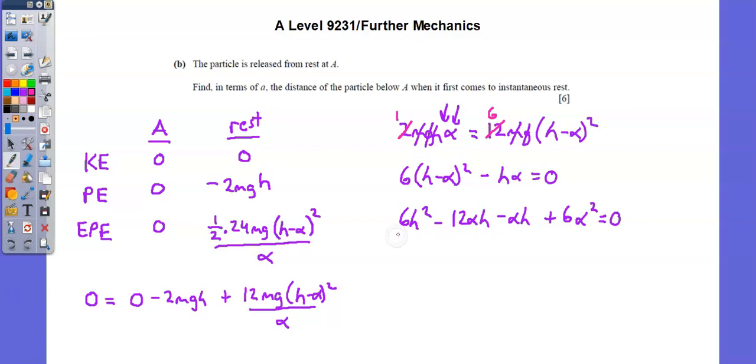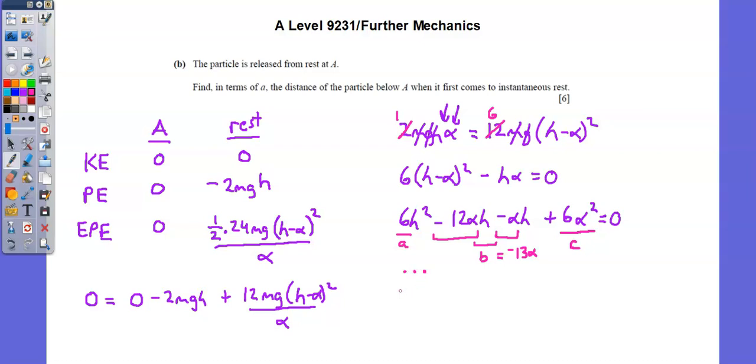I identify 6 as a, minus 12 alpha and minus alpha together are b, and 6 alpha squared, the entire expression, is c. Here I see that my b is negative 13 alpha. You should show your working. I won't show the entire procedure, but you should show those workings.